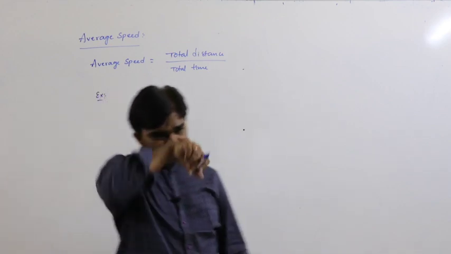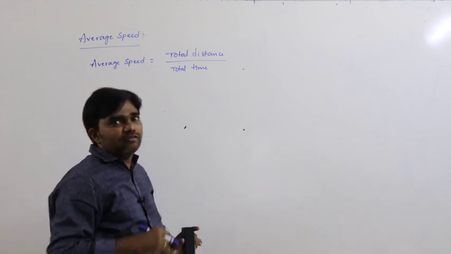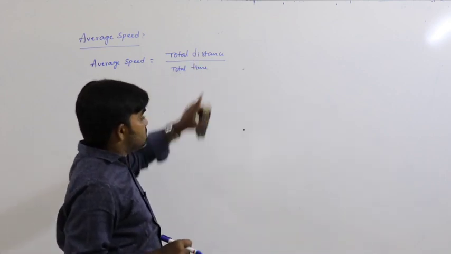How can you define average speed? How can you calculate average speed? So that is total distance by total time.